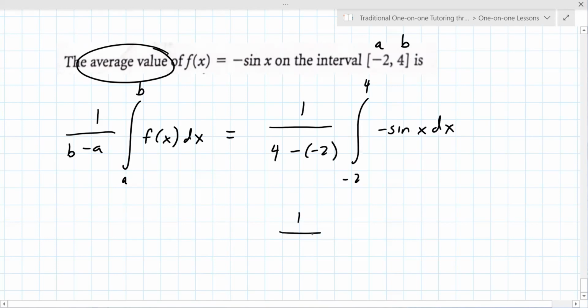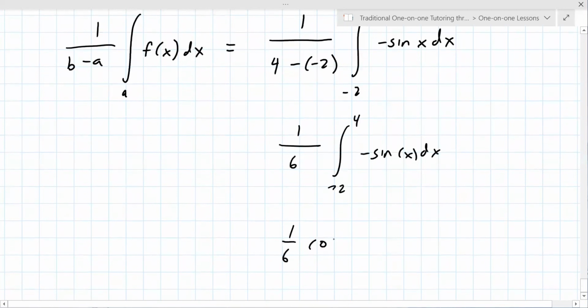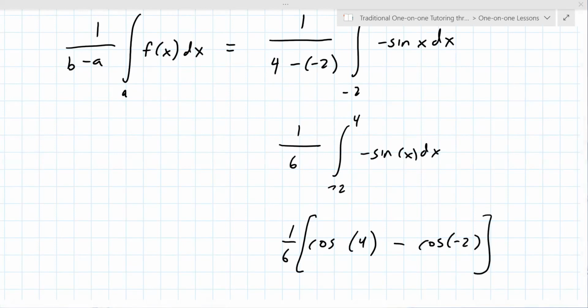So 1 over 6, and then that's cosine, becomes cosine of x. So then cosine of 4.